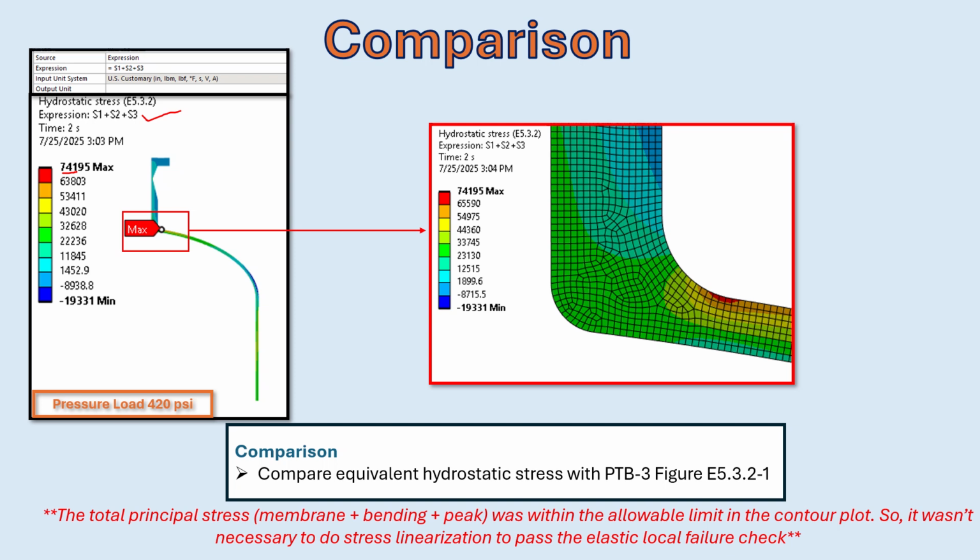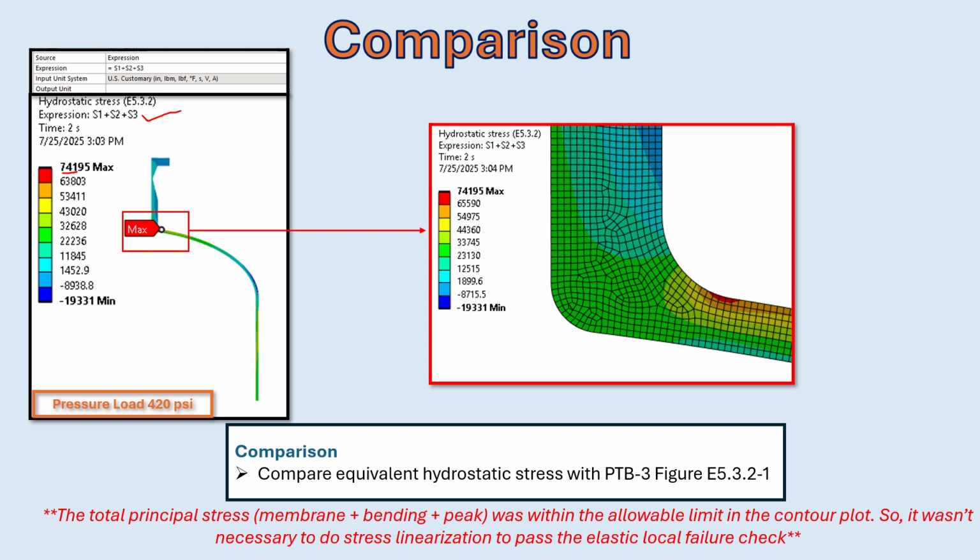The elastic local failure criterion uses the sum of three principal stresses, S1 plus S2 plus S3, which is also known as the first stress invariant or I1. This value is the trace of the stress tensor and it represents the hydrostatic or mean stress. Hydrostatic stress contributes to volumetric change but not to distortion.